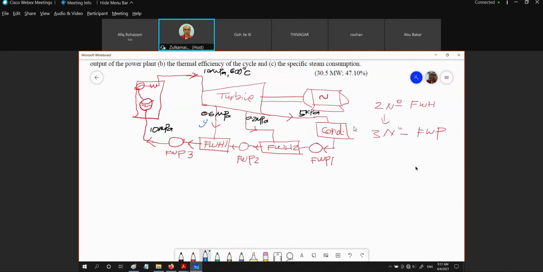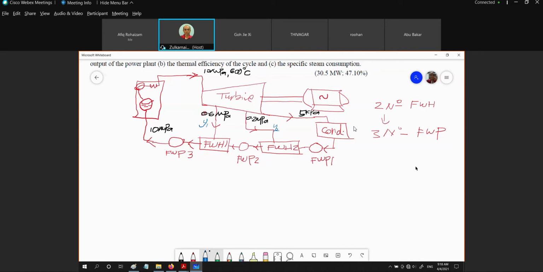What numbering do you want to use for the Y? Because we have 2 Y's right here, let's say this is Y1 and this is Y2. Okay, Y1, Y2.